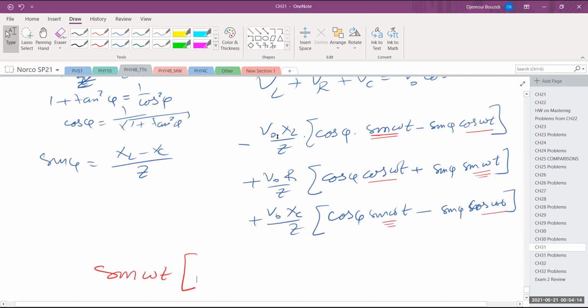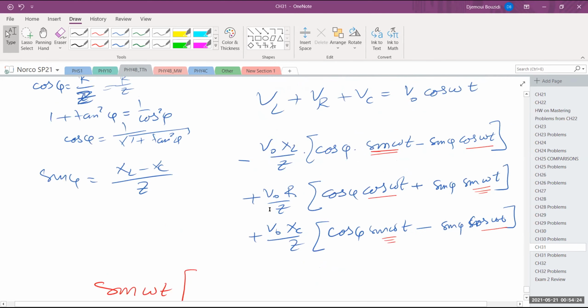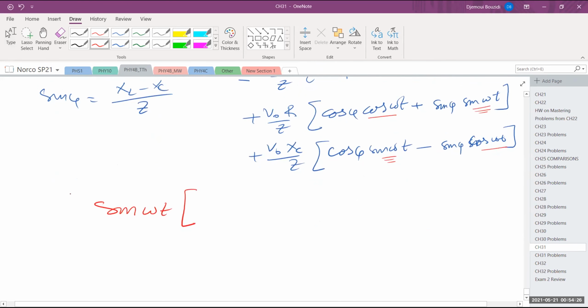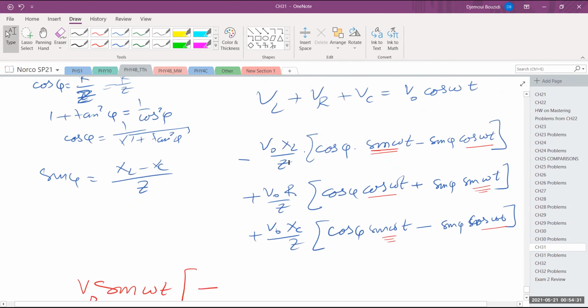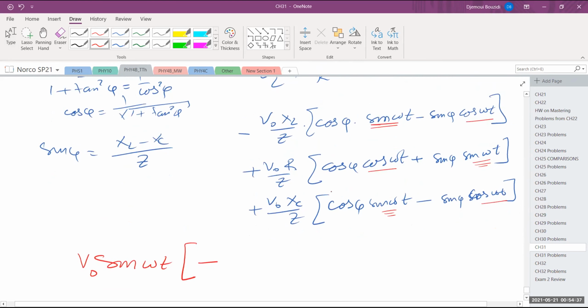On one side, I have negative V naught XL over Z times cosine of phi. Remember, cosine of phi is R over Z. Since I have V naught in every term, I'm going to pull out the V naught as a common factor. So I'm going to be left with a minus XL over Z times cosine of phi. And cosine of phi is R over Z. So it's going to be minus XL times R over Z squared, basically.